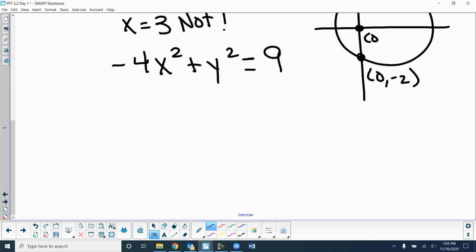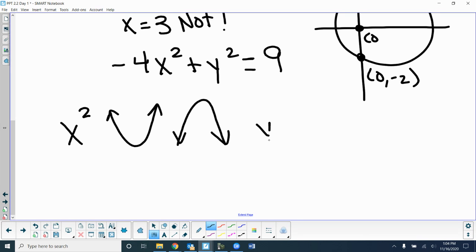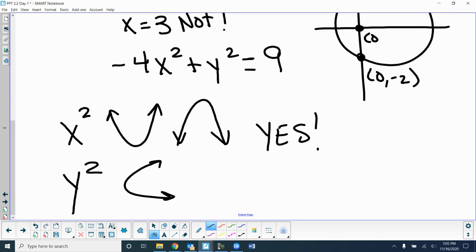Also, if just the x is squared, remember it's a parabola that opens up or down. Yes, that would be a function. If it's a y squared only, maybe x plus y squared, as opposed to x squared plus y, as long as just one of them is squared, you got it looking like this, right? That's not a function.